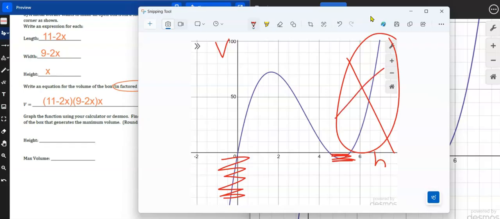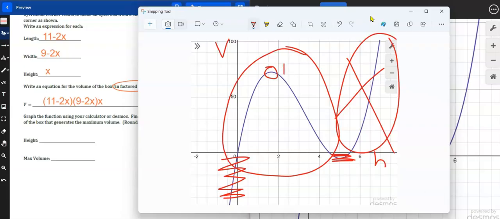We just can't keep cutting an infinite amount of space out of the box and get an infinite volume. This is the only section of the graph that makes any bit of sense, and whatever that relative max is up there at the top, that is going to be my highest volume. And it will also tell me what the x is that goes with it.